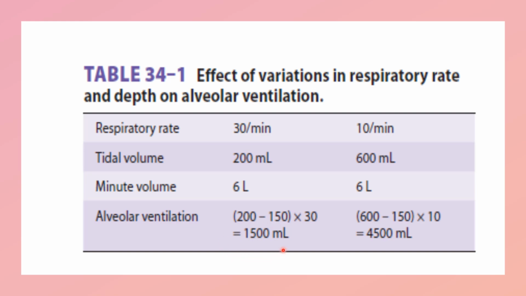But if the person is taking deep breaths, it becomes 4.5 liters. That is, more air is taking part in the gaseous exchange and more oxygen delivery. So the respiratory rate and type of respiration, whether deep or shallow breathing, will also affect the alveolar ventilation, although the minute volume will remain unaffected.